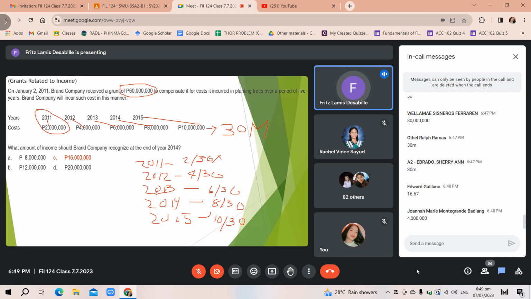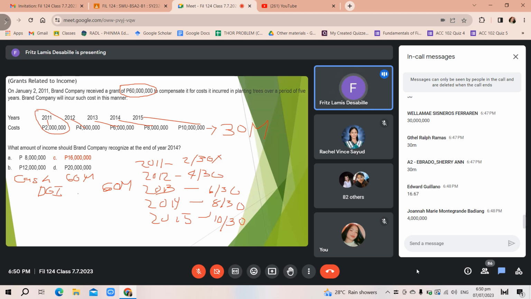Ang record nato ni siya as what we call a deferred grant income. So entry nato, debit cash 60 million, credit deferred grant income. So deferred grant income, guys, is a liability account, kay deferred man siya nga income or deferred revenue. 60 million na itong nadawat.